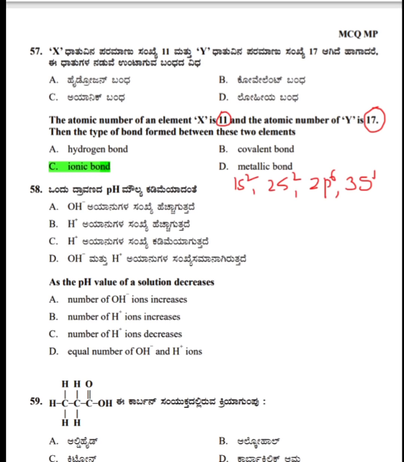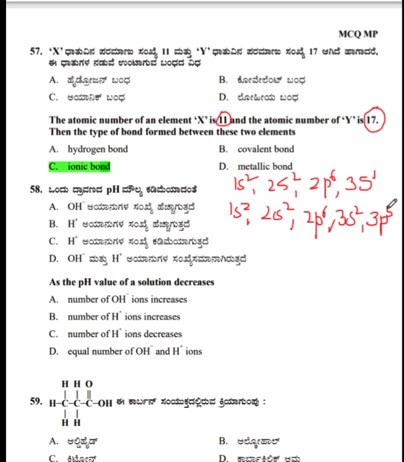Now we will see the electronic configuration for element Y with atomic number 17. Therefore, 1s2, 2s2, 2p6, 3s2, and now 3p5.